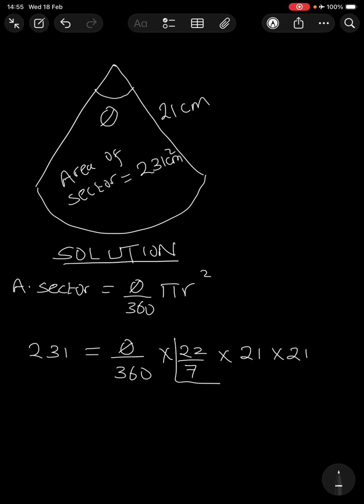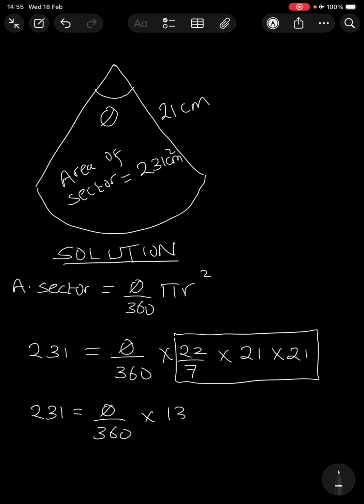Next, you work out this part. So you take 22 over 7 times 21 times 21. So 231 is equal to theta over 360 times 1386. After getting that, the other step is you convert the whole numbers to fractions.